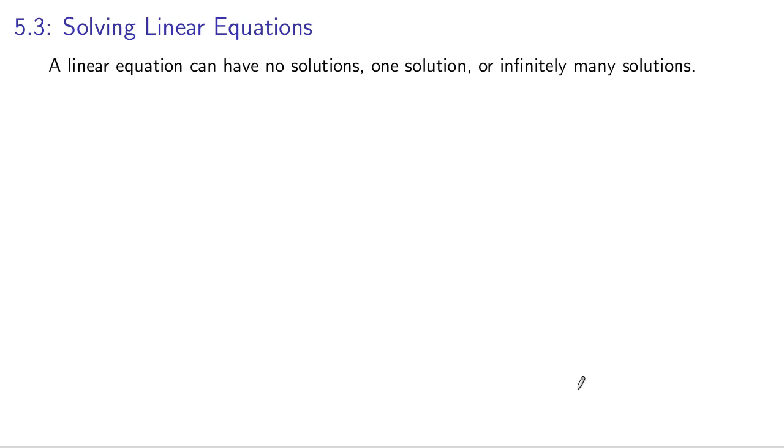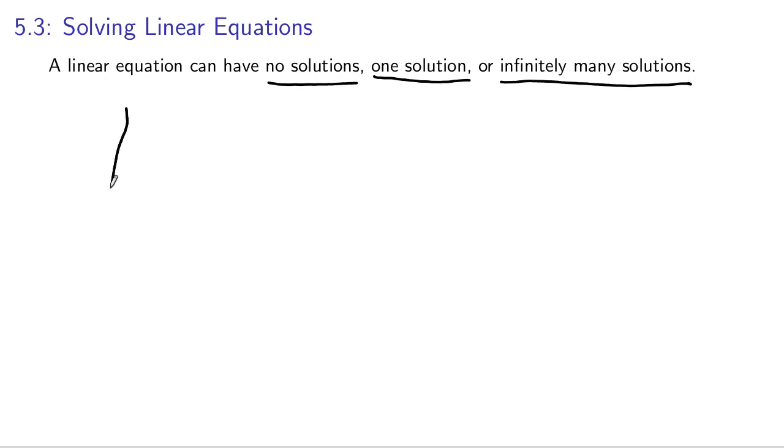Now, we've just seen the very first thing we did. There was one solution when the light bulbs were equal in terms of their cost. We just saw examples where there were no solutions and where there were infinitely many solutions, or any value of the variable makes the equation true.